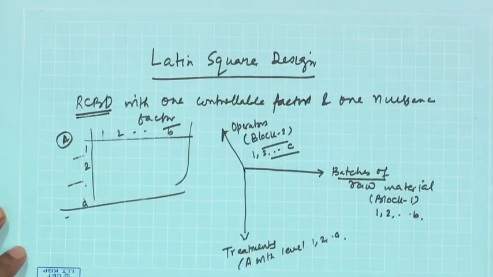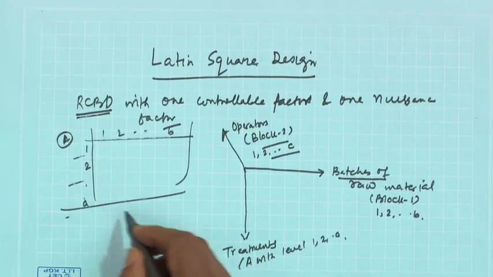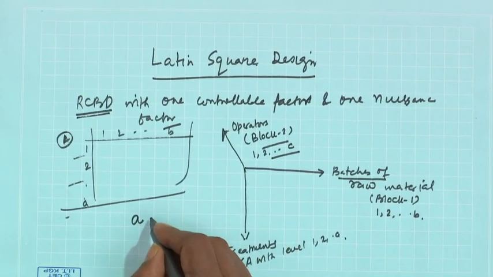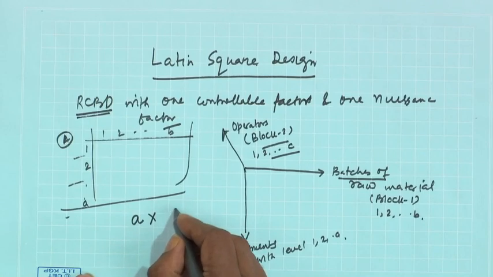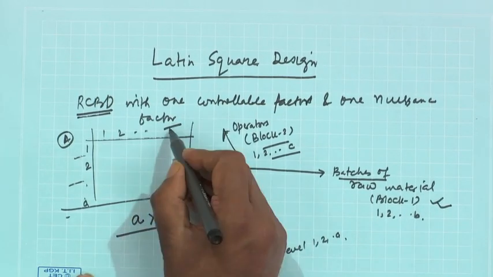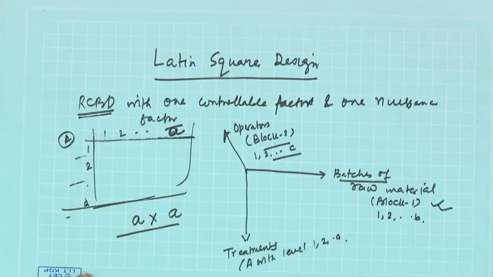Then it will give you a square matrix kind of thing. Suppose if A is the number of treatments, and then if I go for A number of blocks for a particular blocking variable, then you will be getting this side A and this side A, an A by A square matrix.